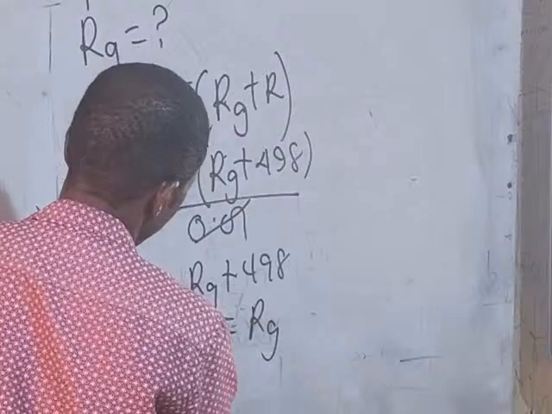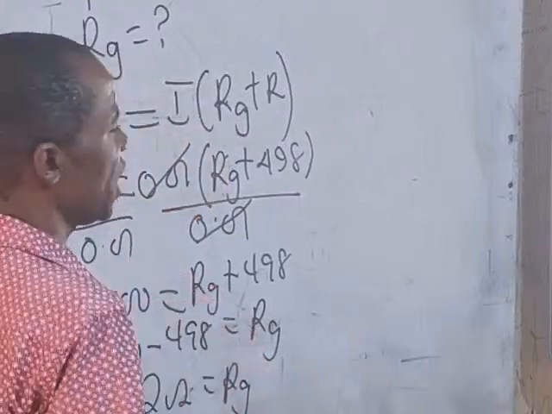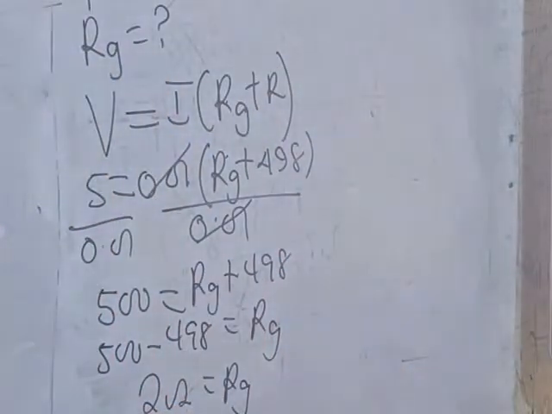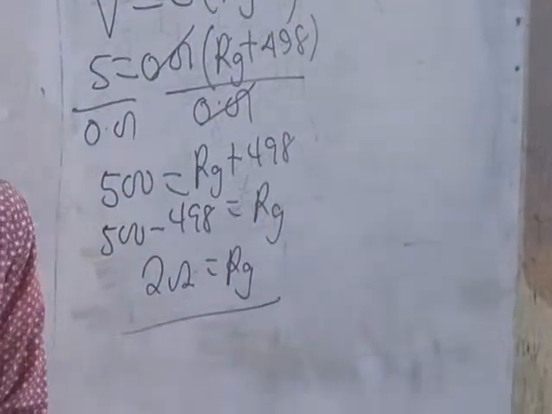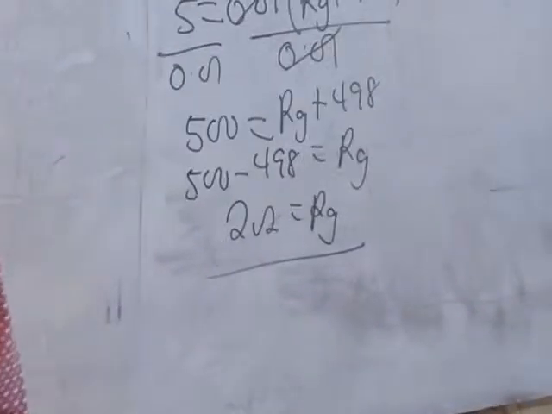That will give us what? That's 2 ohms is equal to RG. So the resistance of the galvanometer is 2 ohms. As simple as that. So that's for that. So we've come to the end of the questions. Thank you.